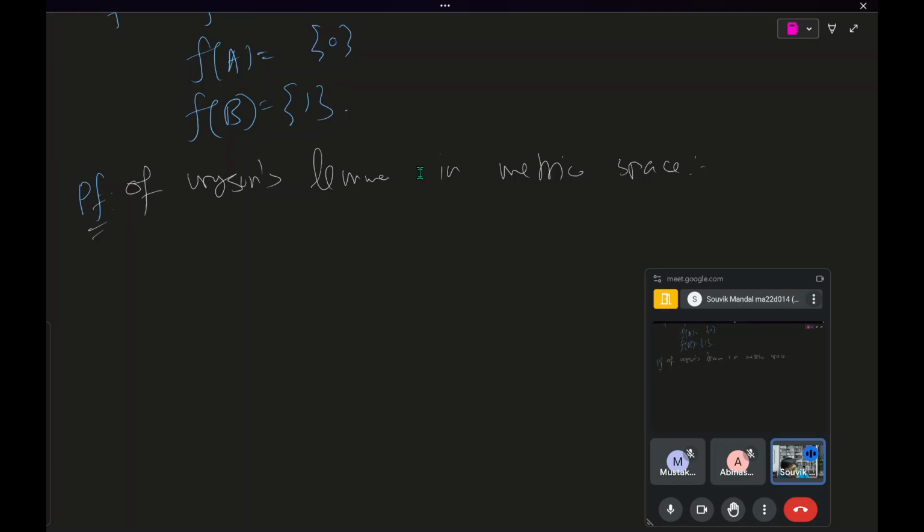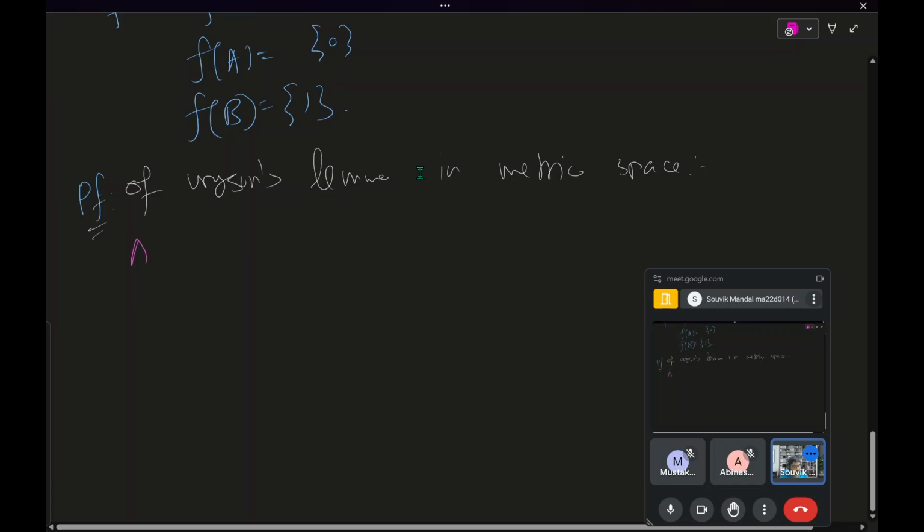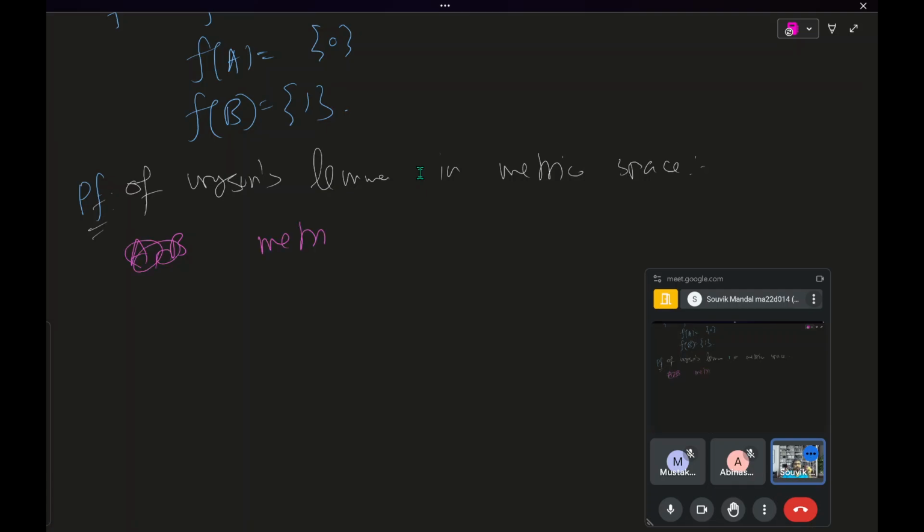So the proof is quite simple. Any metric space is normal, which we have already seen.